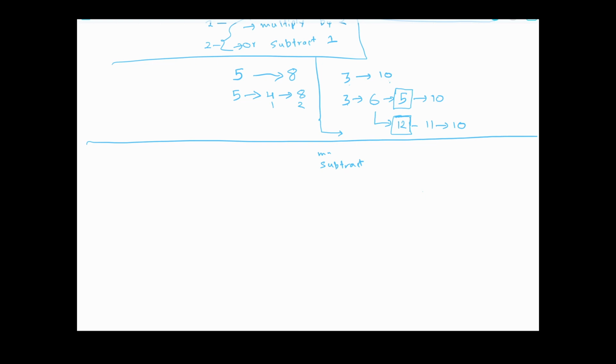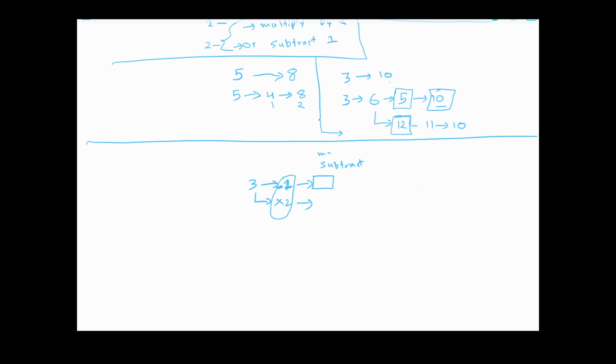For example, we have a 3, and in each step we can either subtract 1 or multiply by 2 and see how many steps it takes to reach the target. I'm not sure if this is even feasible, and it is very inefficient, obviously, because we are trying a lot of combinations.